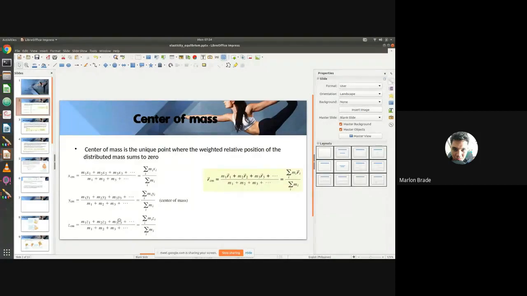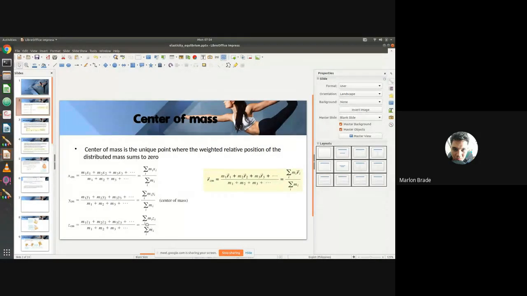And same as the first two, the ZCM, or the z component of the position of the center of mass, is m1 z1 plus m2 z2 plus m3 z3, where z1 is the z component of the position of m1 with respect to the origin, z2 is the z component of the position of the particle with mass m2 with respect to the origin, and so forth, divided by the total mass, m1 plus m2 plus m3.